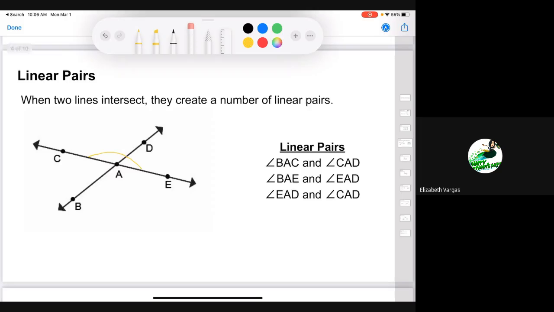So basically, linear pairs are two adjacent angles who have opposite rays. But what we notice is they also share a line. So for example, let me go to the last one we looked at. They are known as linear pairs because they share that line. And so that's why when you add them together, you get 180 degrees.